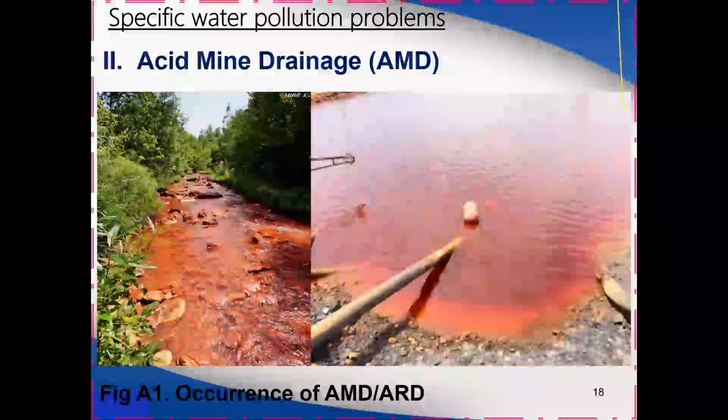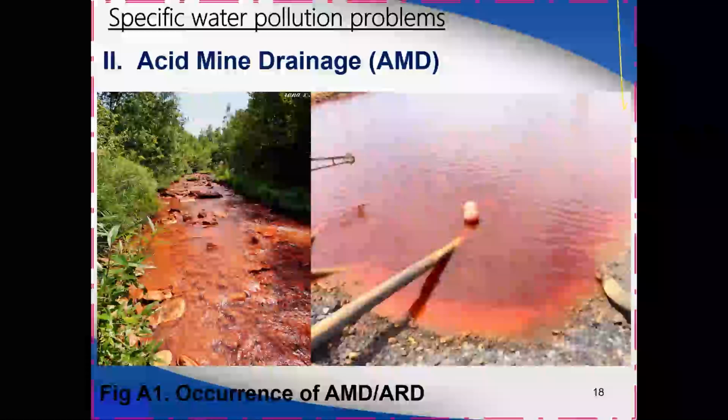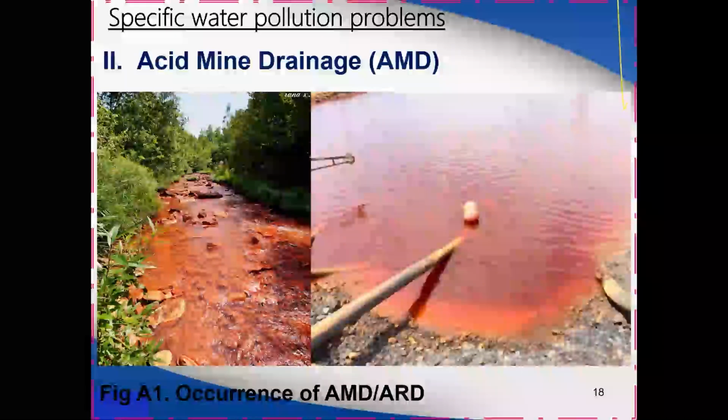So these are pictures of acid mine drainage. If you see this red color around, there is acid mine drainage. Sometimes the presence of iron also has this color. So sulfide mineral is available, there's oxygen, there's water, then there's oxidation that gives us this kind of water.